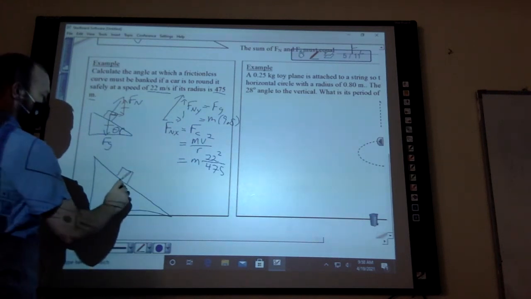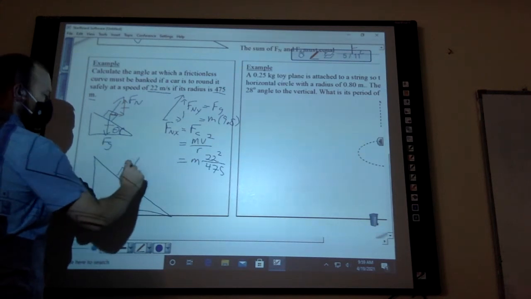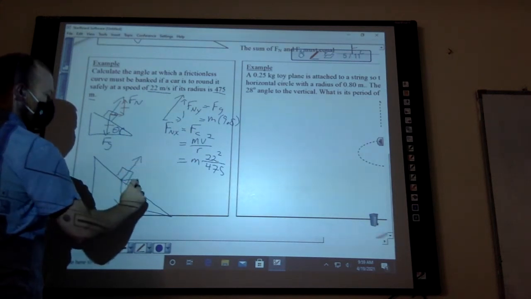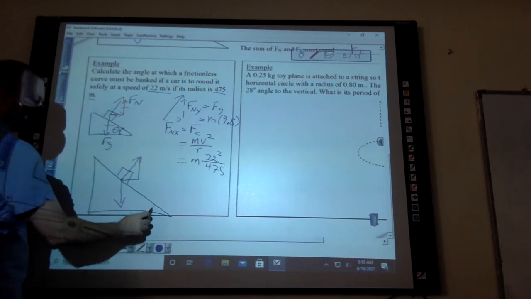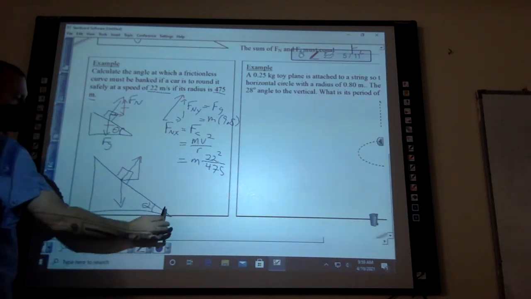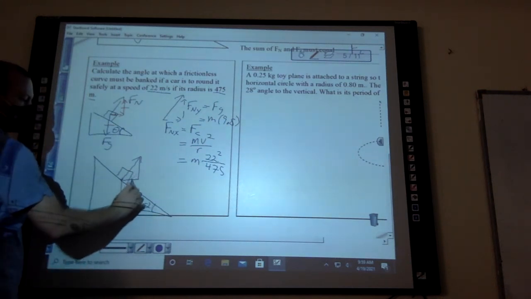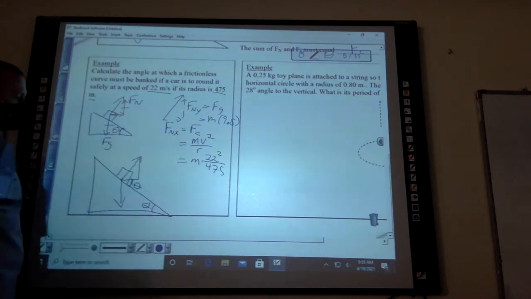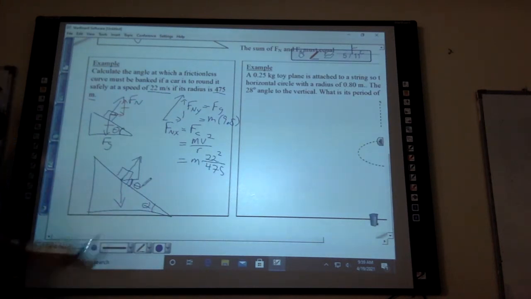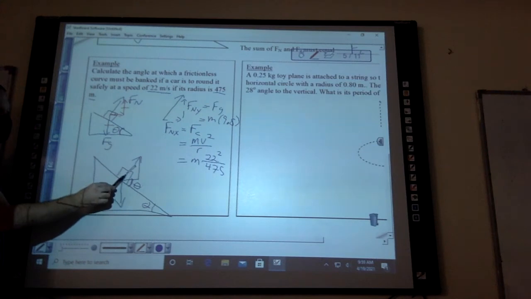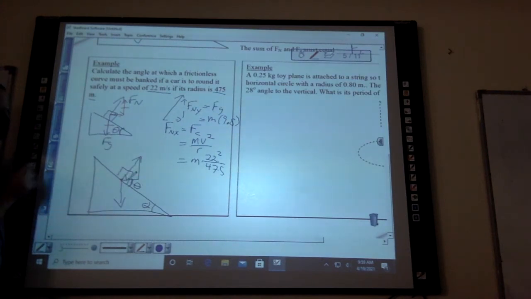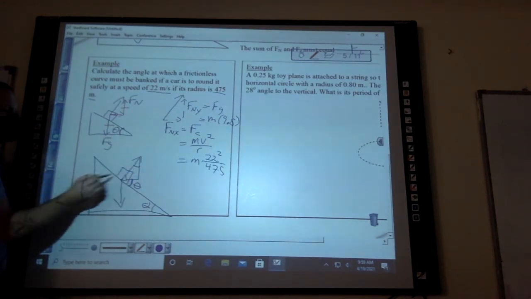Essentially, here's our Fg, here's our normal force, and I'm going to draw it out like this so I can see it better. If this is angle theta, using my Z rule here, this is angle theta. Inside here is 90 minus theta, which tells you this is theta.